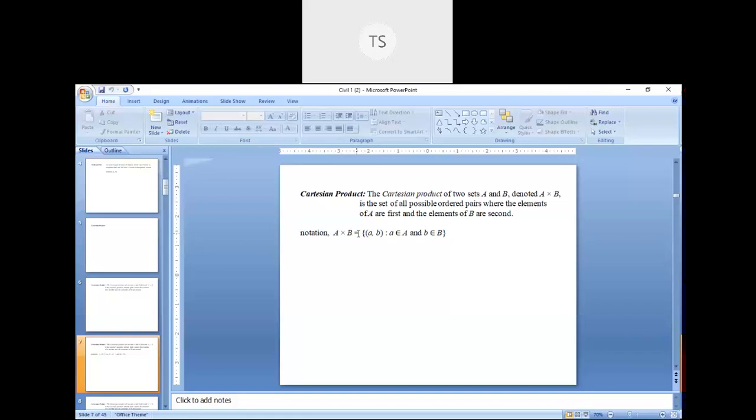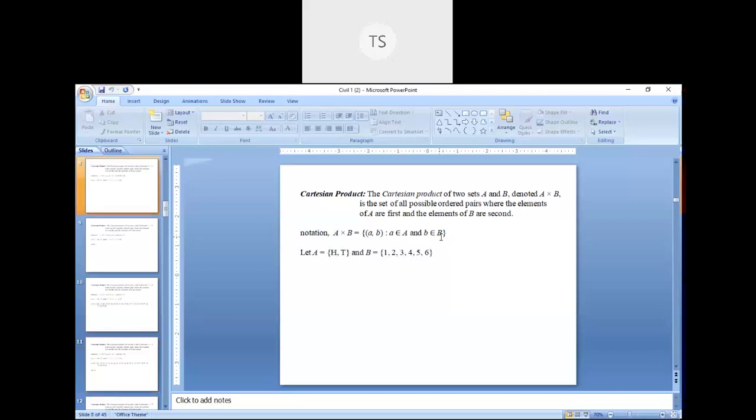It is equal to, here I am using the curly bracket, then first bracket a comma b. Now this element small a is from the first set A and the second element small b is from the second set B. Is it clear?